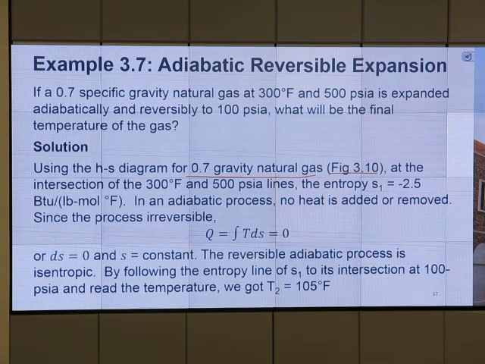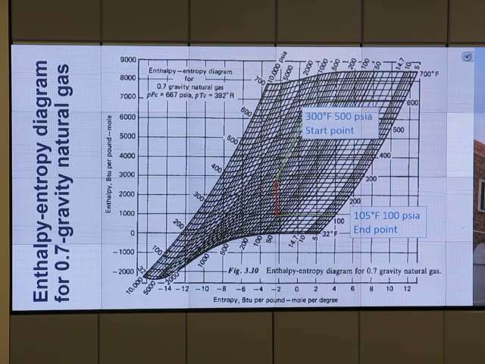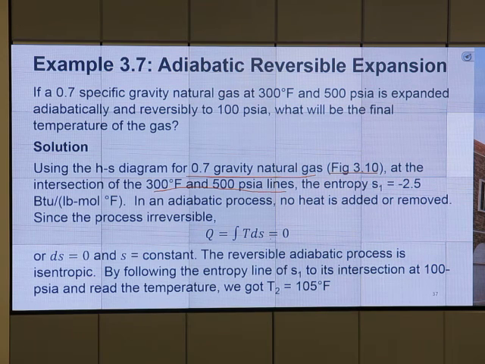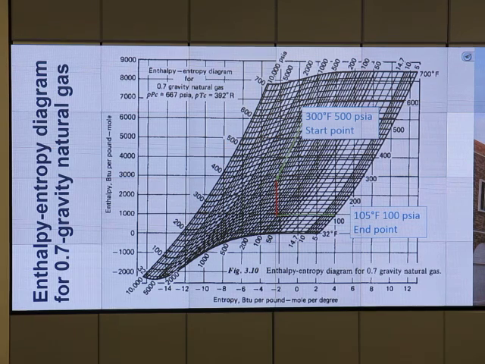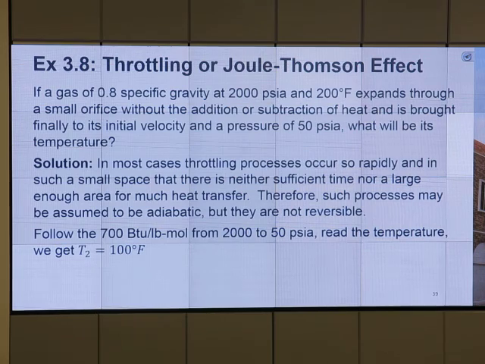At the intersection of the 300 F and 500 psia line, the entropy S is minus 0.2. So that is the one part.